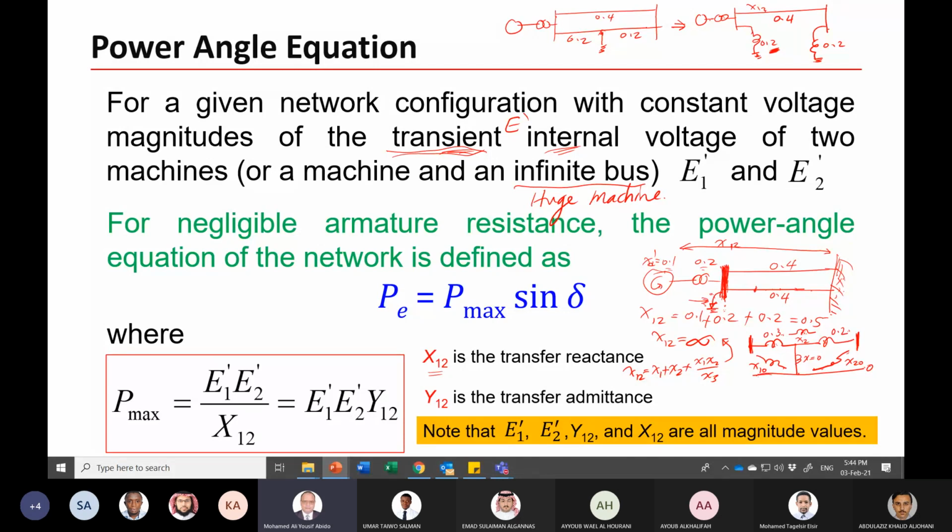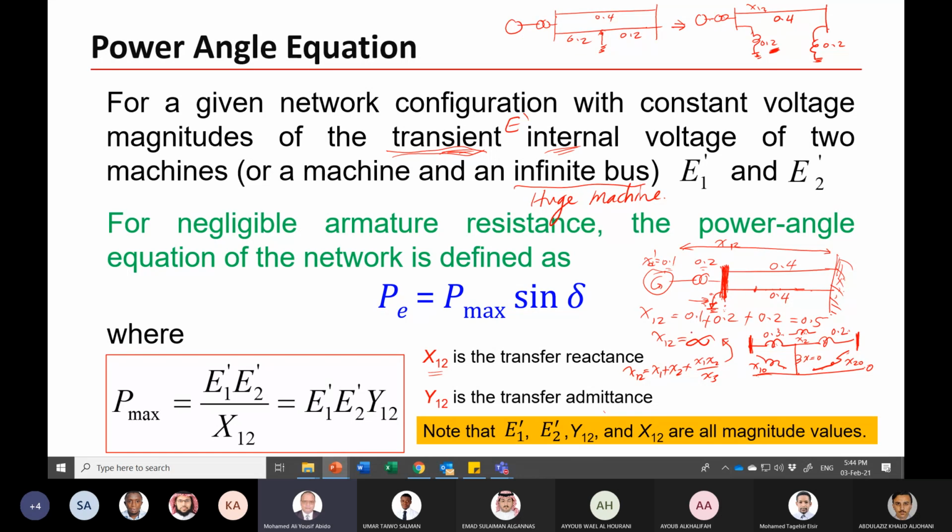So this is x12, and y12 is just the transfer admittance. Of course, for a simple circuit such as a single machine infinite bus, you can do this simplification: series, parallel combination, Y-delta transformation, and so on.